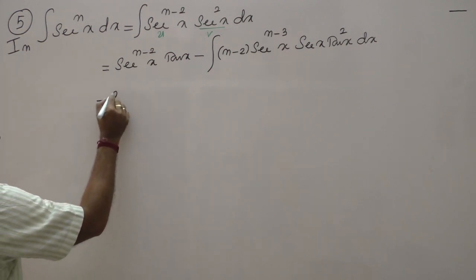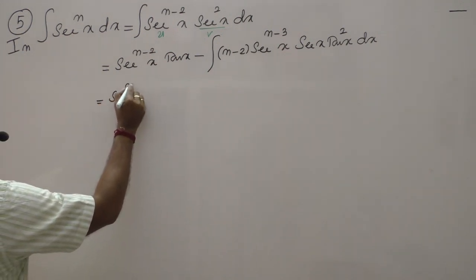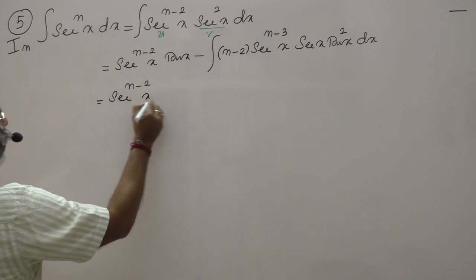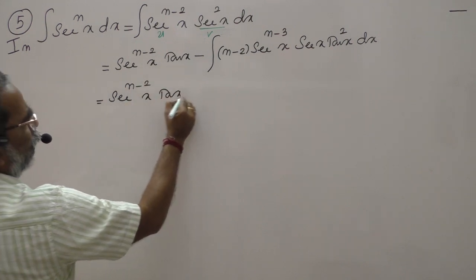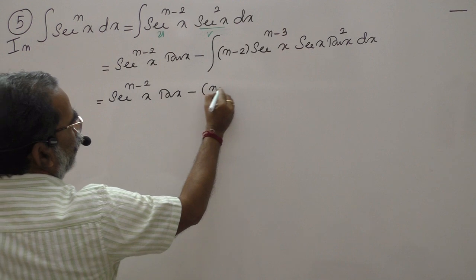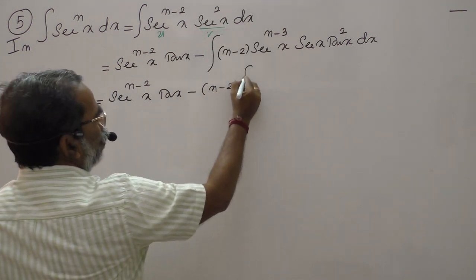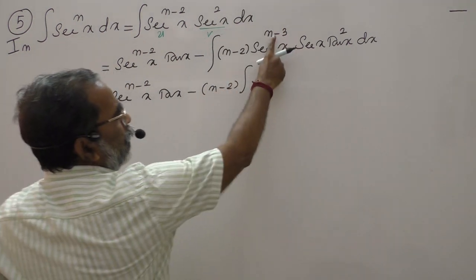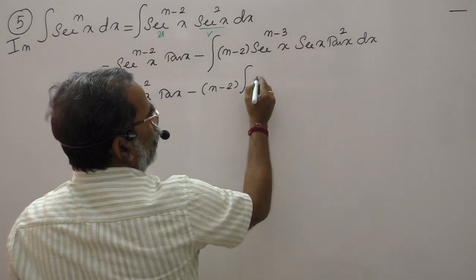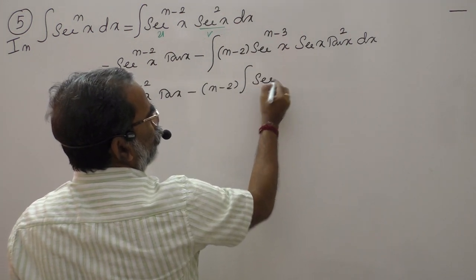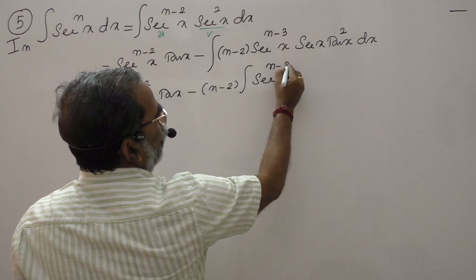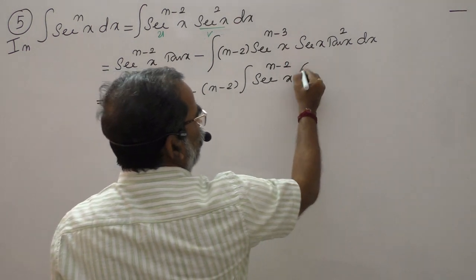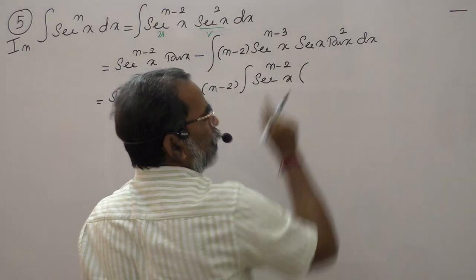Now what is this? It is sec power n minus 2 x into tan x minus of n minus 2. The constant I wrote outside. Sec power n minus 3 into sec power 1. This becomes sec power n minus 2 x. And what is there? Tan square.